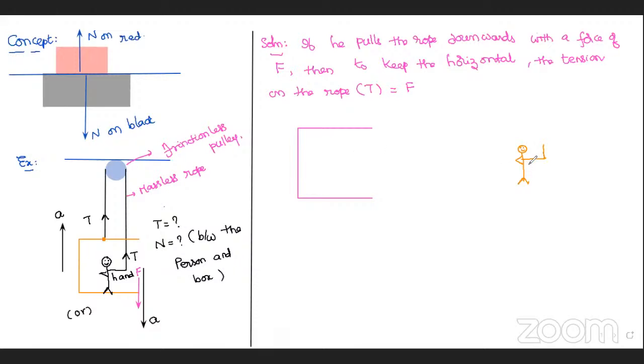And here on the person and on the cage, what are the forces? Take the mass of the box as capital M, and the mass of the person I am taking as small m.